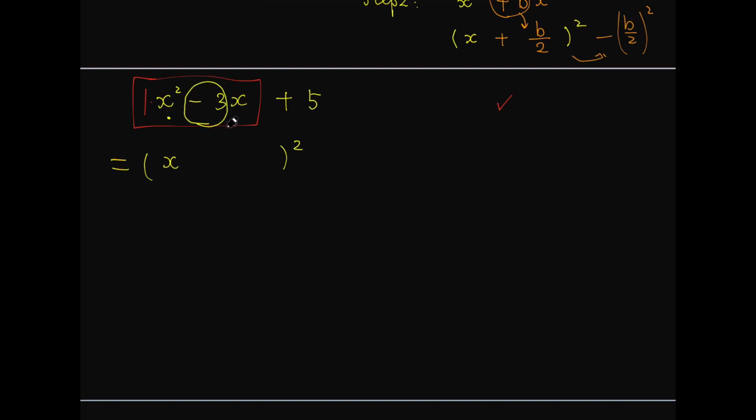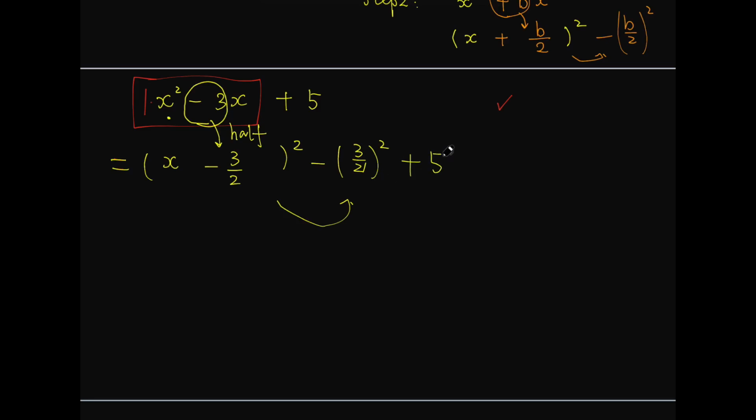Then for the constant, we need the coefficient of x. For this polynomial, the coefficient is -3, and this value will become its half. Then we will have -3 over 2 in the brackets. After that, we take away this constant squared.